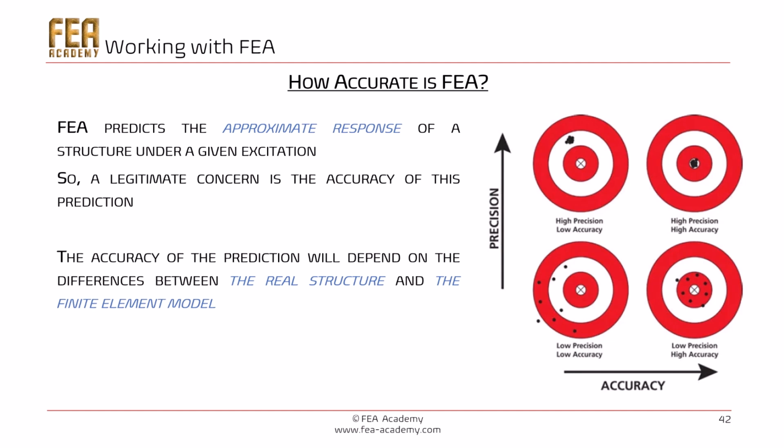Let's talk about how accurate is FEA. A structural engineer performs FEA to predict the approximate response of a structure under a given excitation. So a legitimate concern is the accuracy of the prediction. First, you have to keep in mind that the accuracy of the prediction will depend on the differences between the real structure and the model.